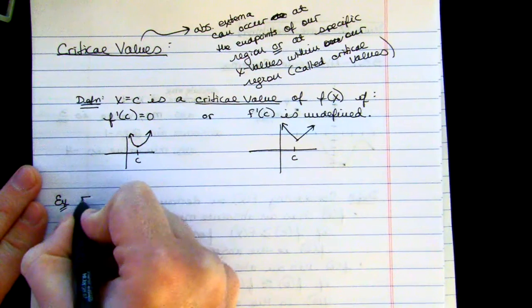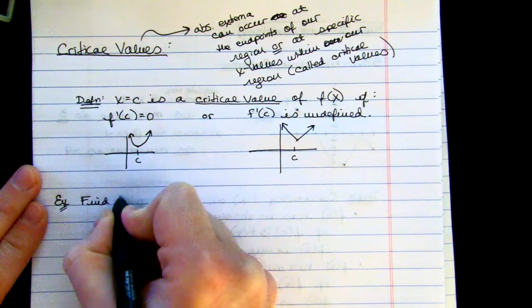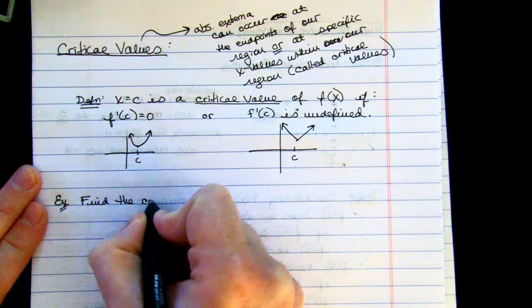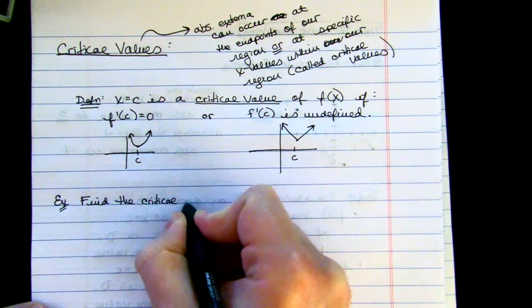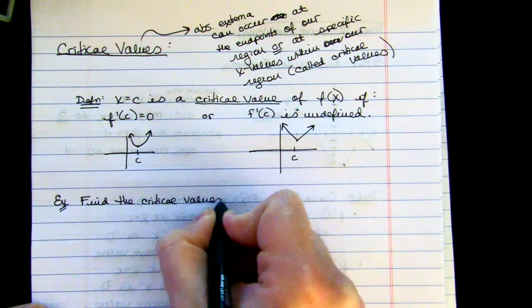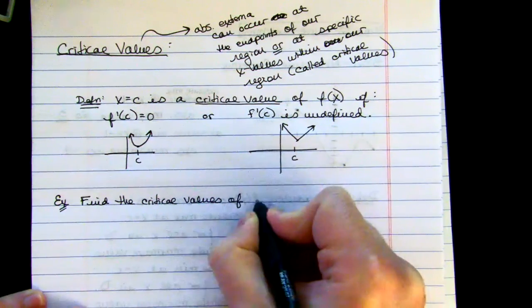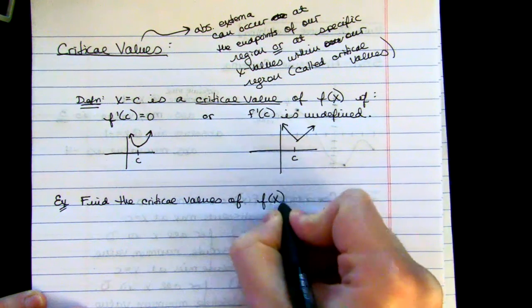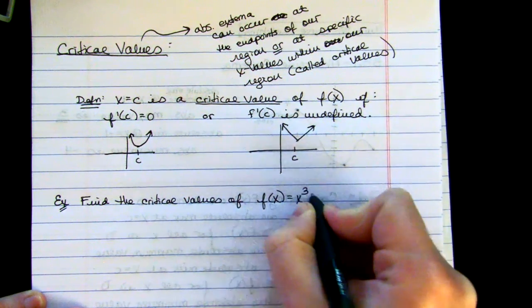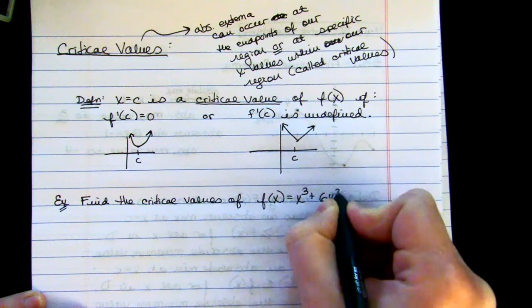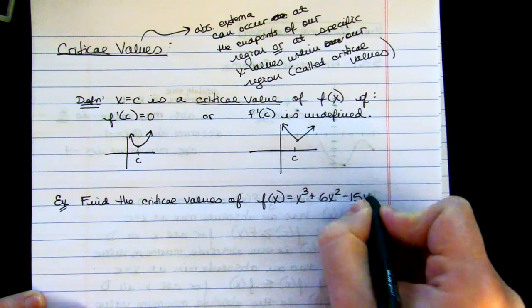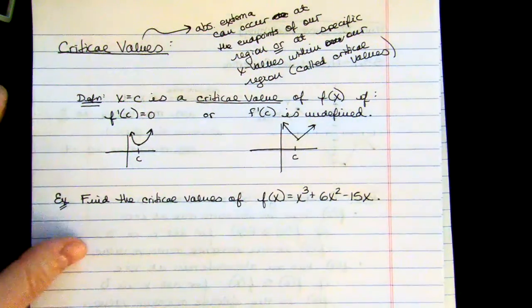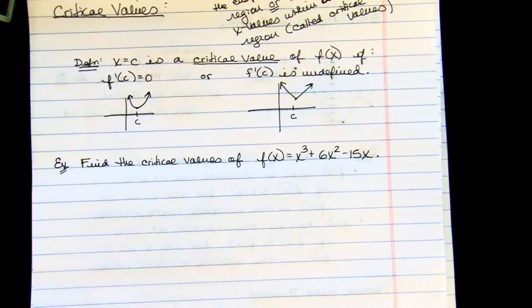First example, we want to find the critical values of f of x equals x cubed plus 6x squared minus 15x. I want to find the critical values of that function.